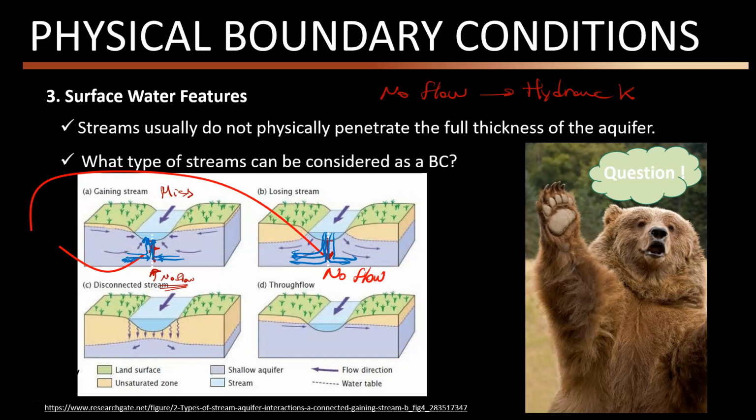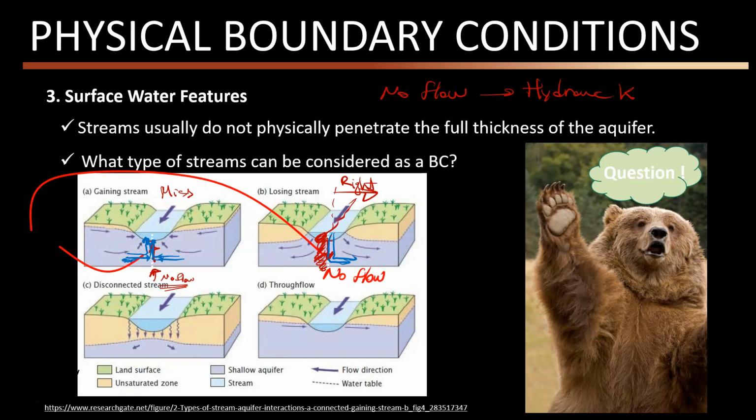So technically I assume that there is a no flow boundary condition here, and I just go and solve this side of the model. Okay, and I put a no flow boundary condition here.